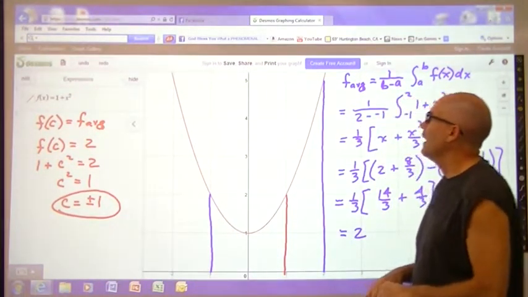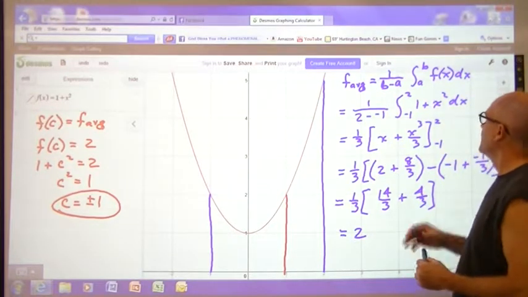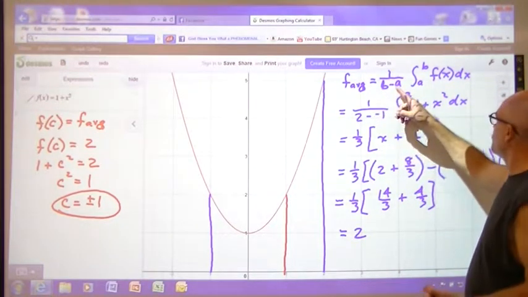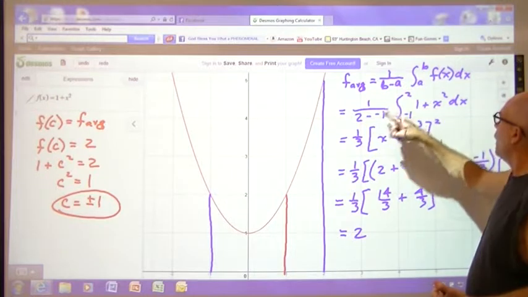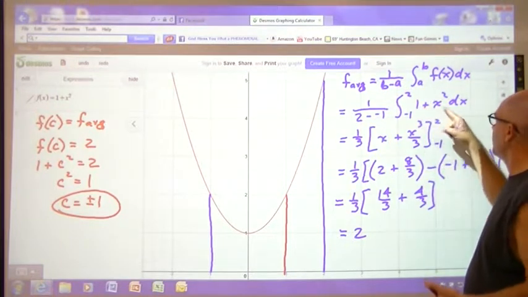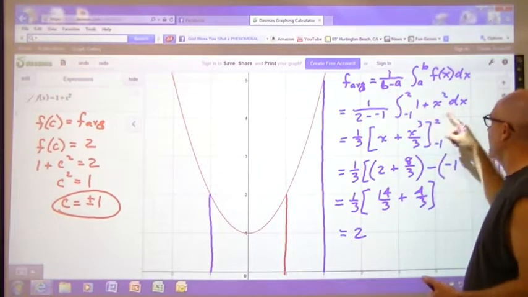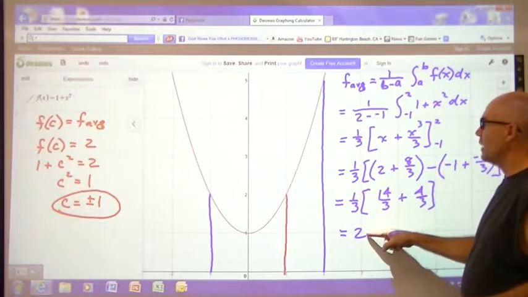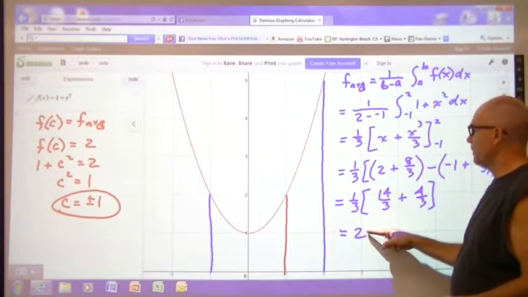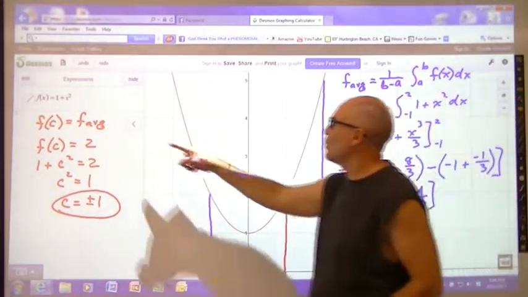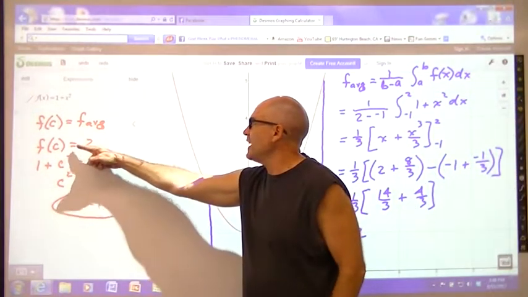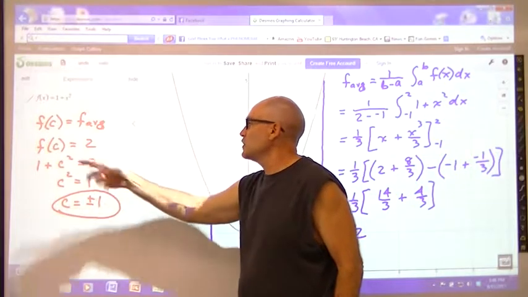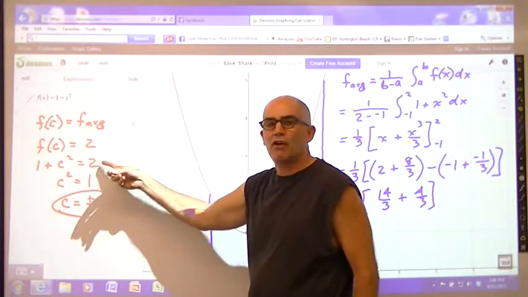So this is how you do it then. To get the average value of the function, you just go 1 over b minus a times the integral of the function from a to b, and you get that average value. Then what you do is you set that equal to f of c, which is going to be your function with c in it, and then you solve for c.